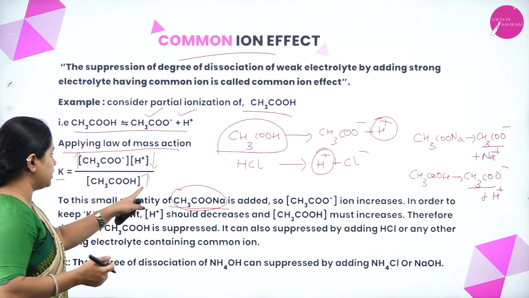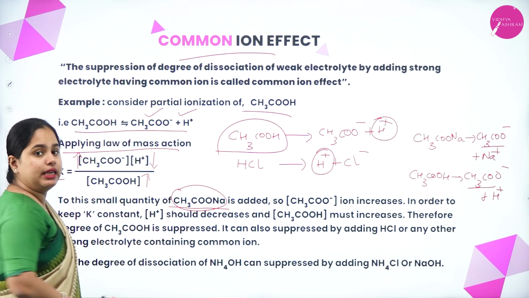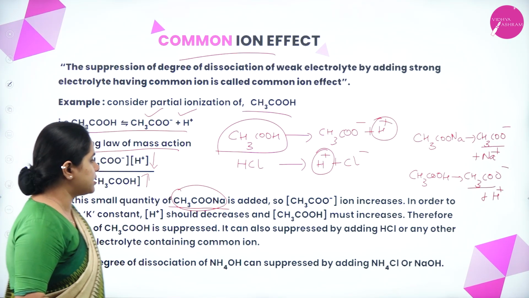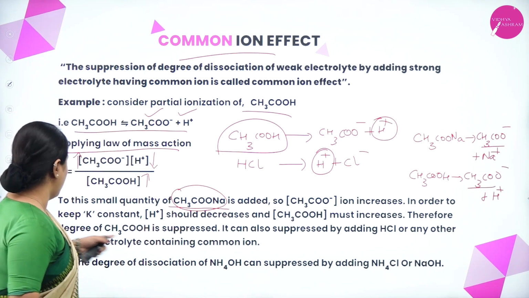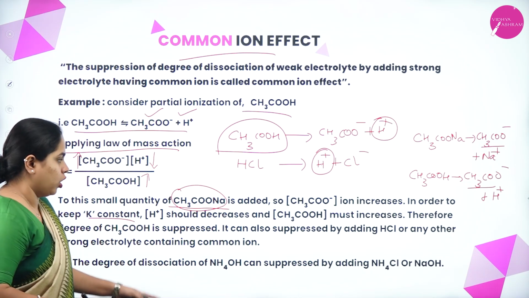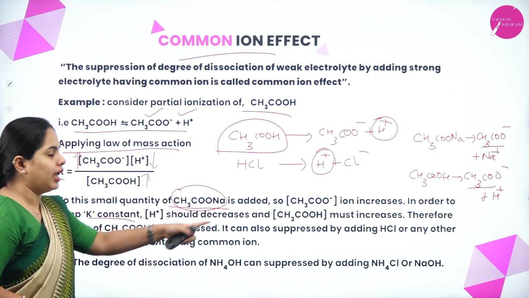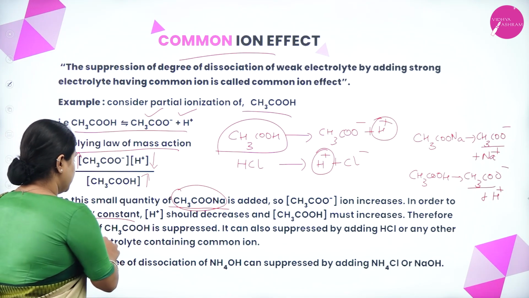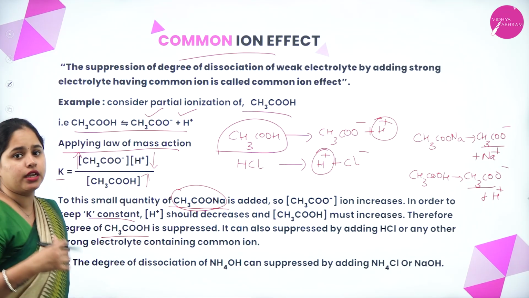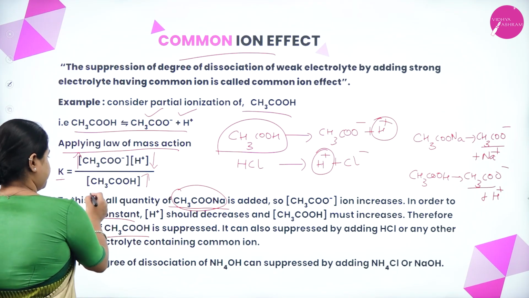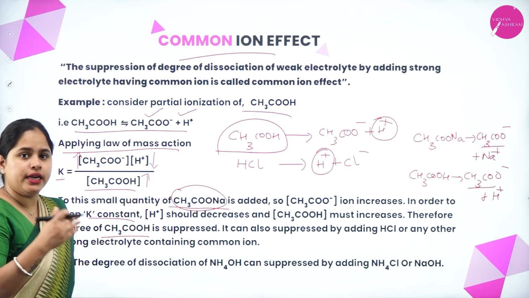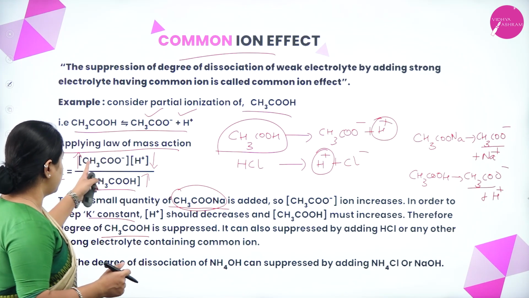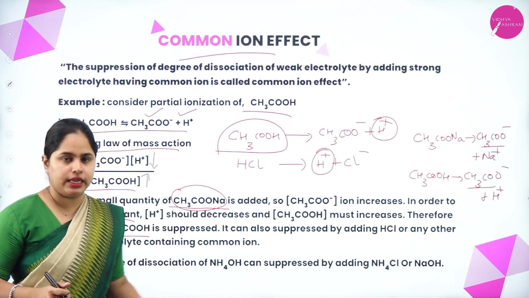If this is increasing, this should increase, or else this should decrease. Okay, I hope it is clear. So that is what is written here. In order to keep K constant, the concentration of H plus should decrease and the concentration of acetic acid must increase. So therefore, the degree of dissociation of acetic acid will be suppressed. Why? Because the concentration of acetate ion is increasing, right?